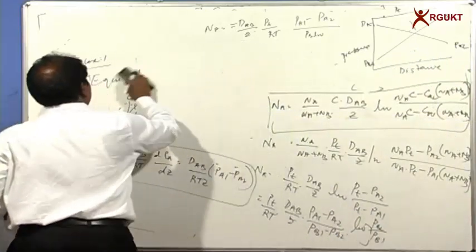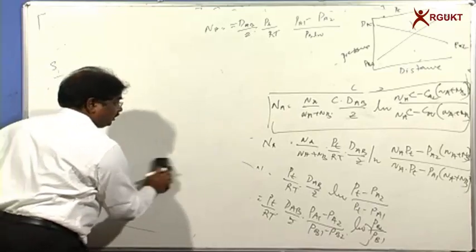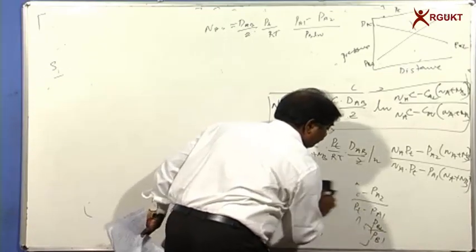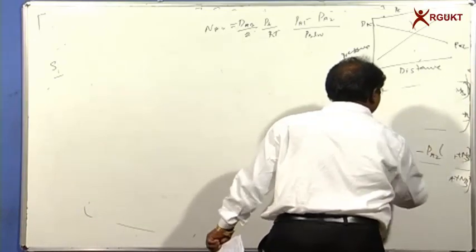Now this is for the gaseous systems. When you talk about liquid systems, generally the concentration and diffusivity are very strong functions of location, so one cannot use it so simply.